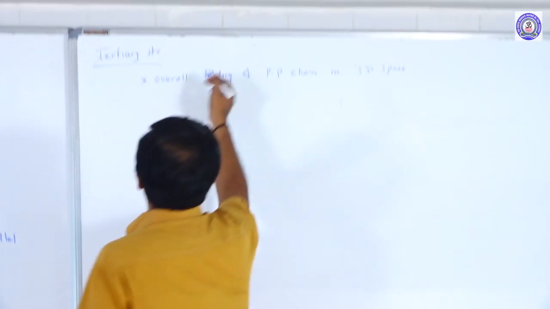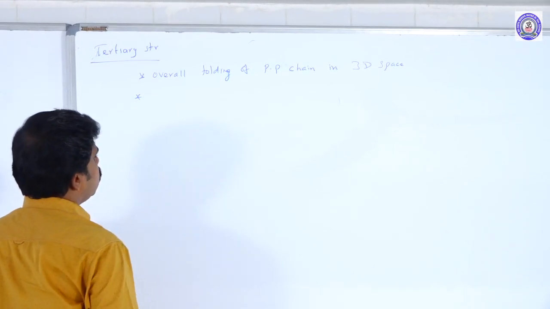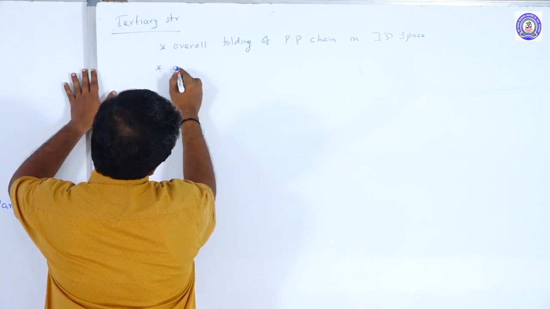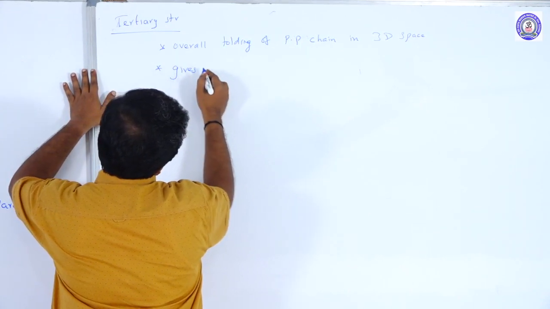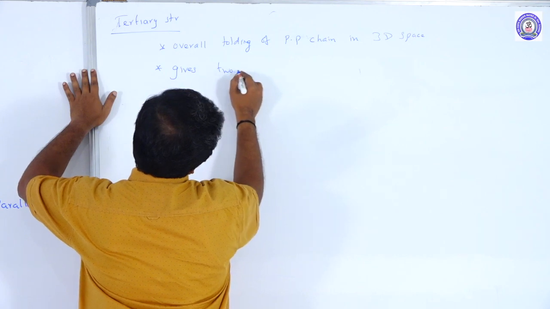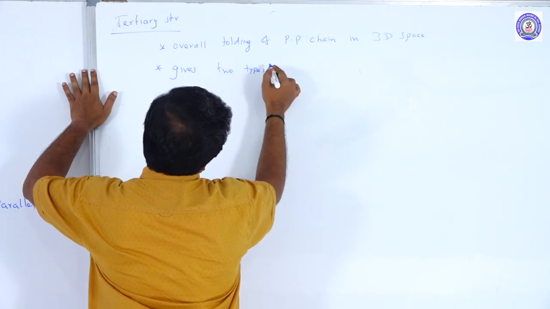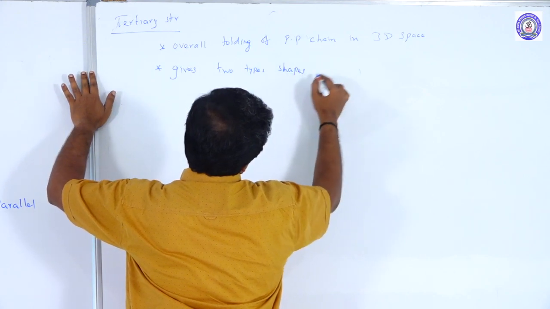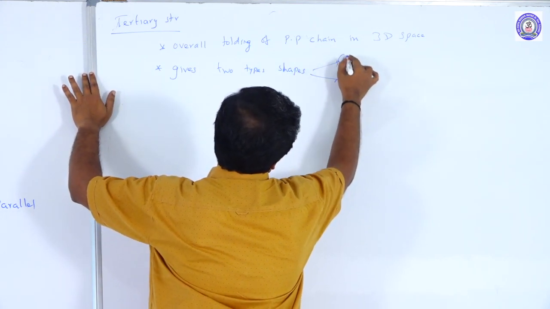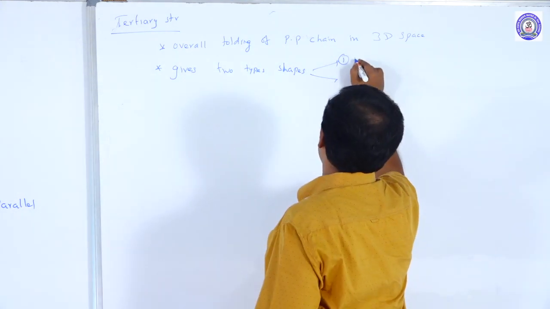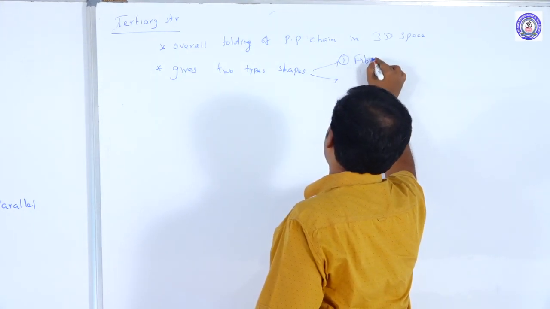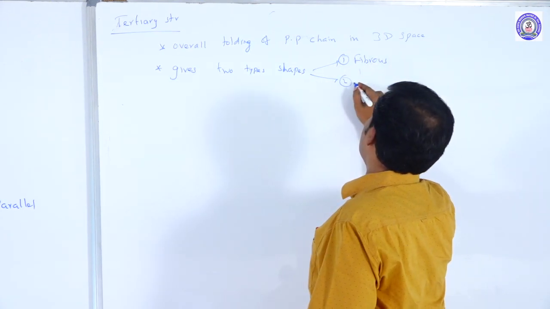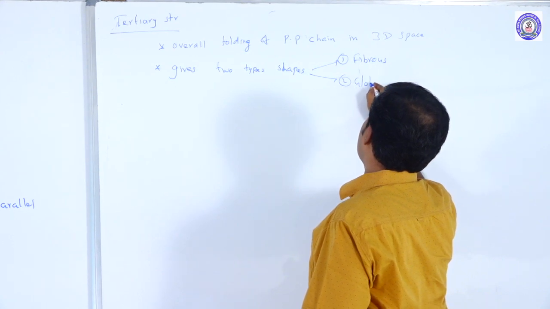Okay. Now, this folding gives rise to two types of shapes. One is fibrous and another one is globular.